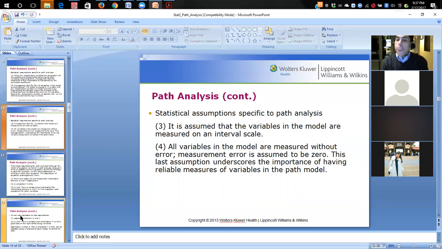So, there's a lot of academic discussion about plugging in our latent variables into the path analysis, when in fact, when we measure some of our psychological latent variables, in theory, they are not in interval type of data.